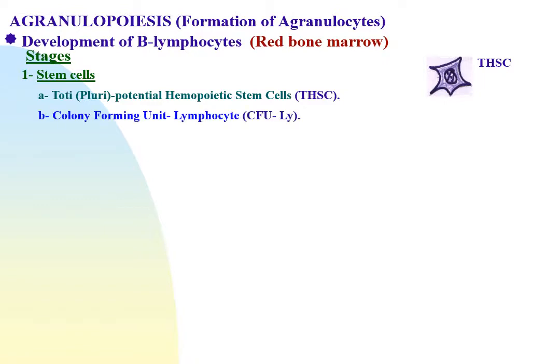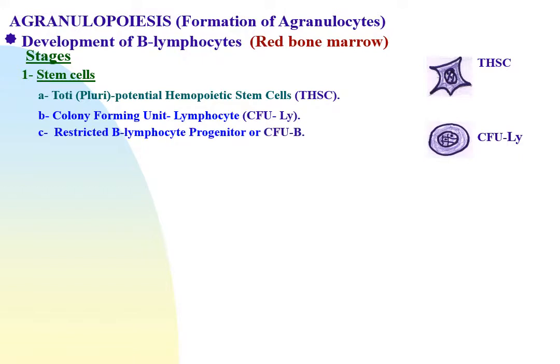Colony-forming unit lymphocyte. These are restricted stem cells for T and B lymphocytes. They are round cells with basophilic cytoplasm and large pale nuclei having prominent nucleoli. They divide and differentiate to form more restricted stem cells.